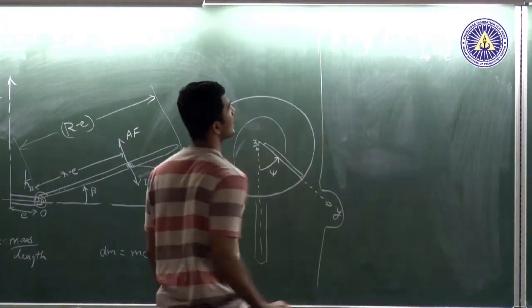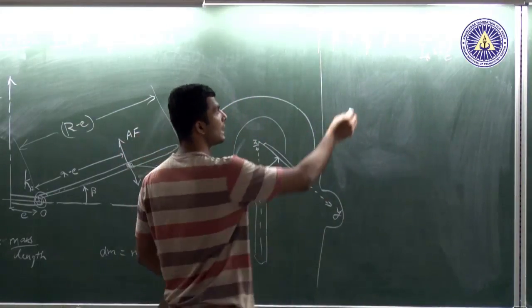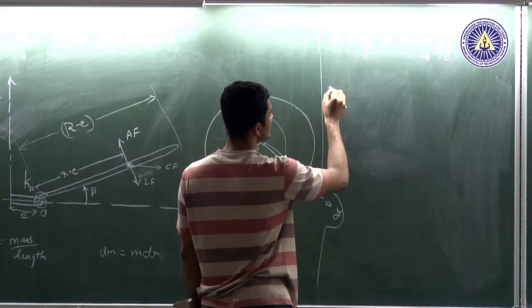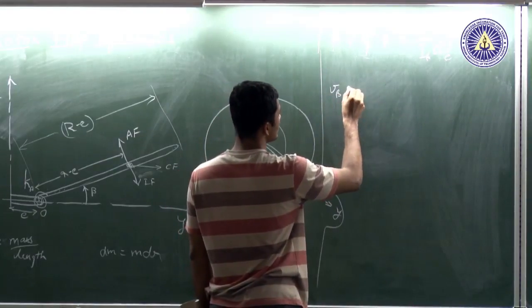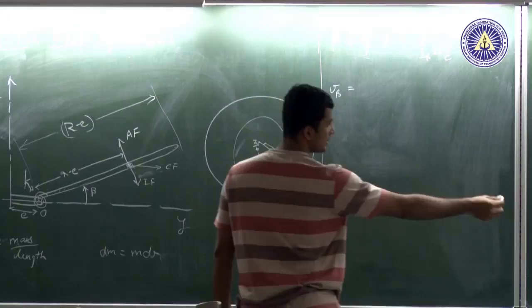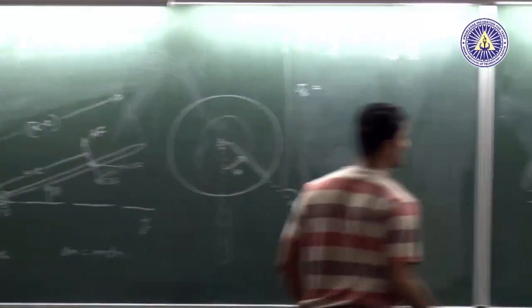So the right hand side is as it is. Now we have a new term coming in, nu beta, which is equal to this term, non-dimensionalized.